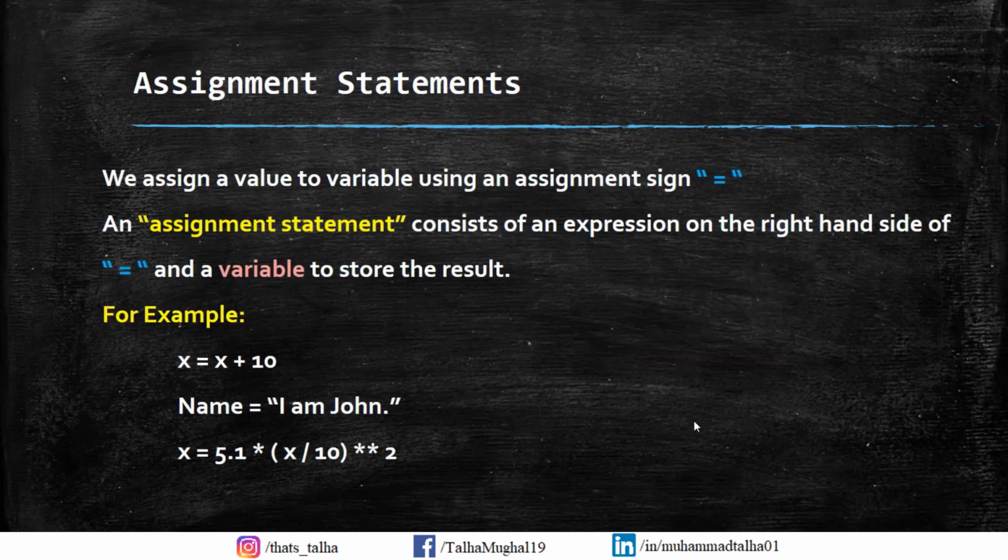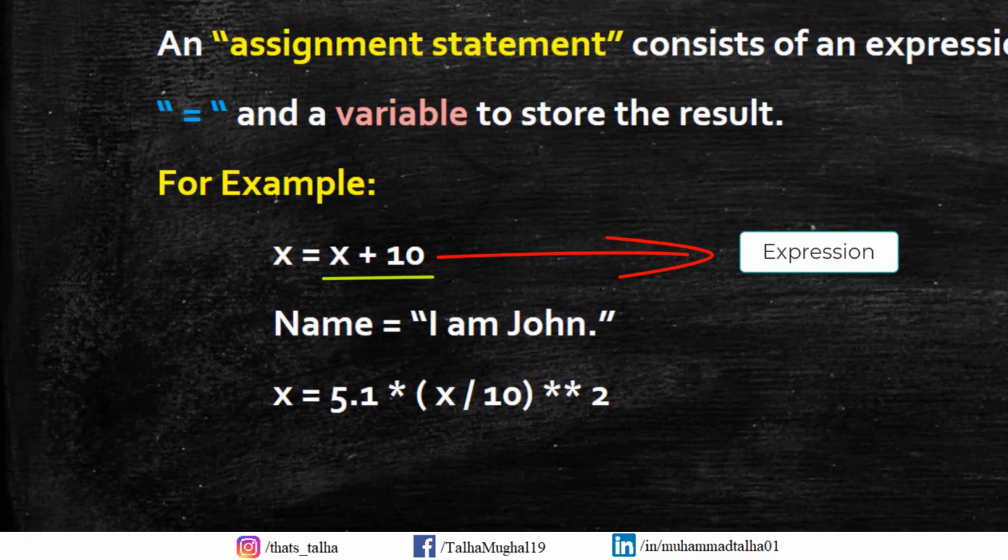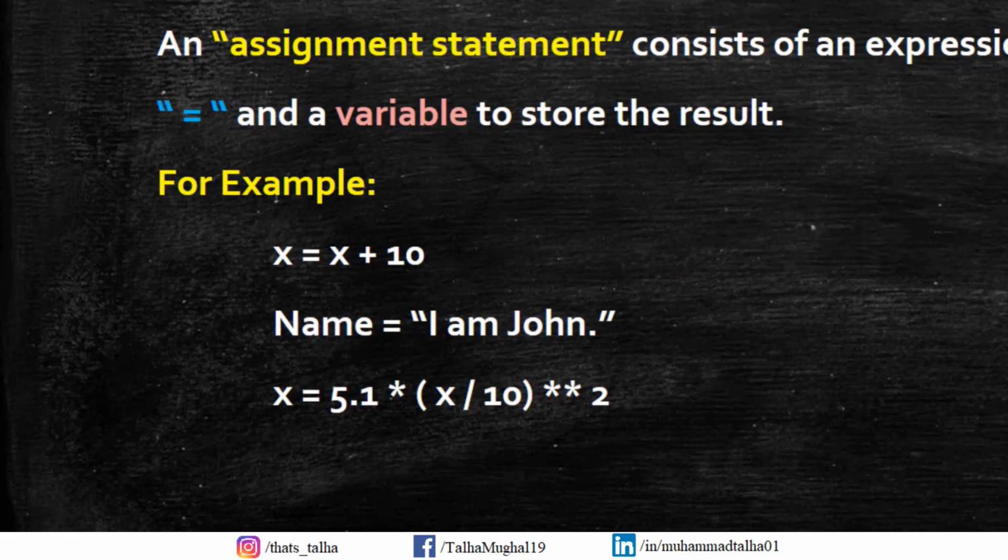Whenever we assign a value to a variable, we use an assignment sign which is equals. An assignment statement consists of an expression on the right hand side of the equals and a variable to store the result. For example, X plus 10 is an expression, and on the left hand side of the equals is a variable.